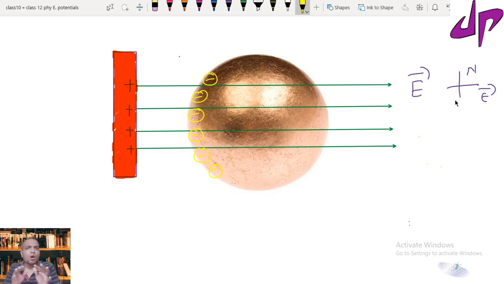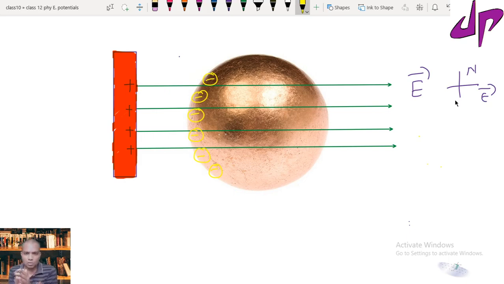It means over the entire surface, all the electrons want to move towards the positive charge. Now if electrons want to move, they only move within the conductor. The positive charge cannot move, since the positive charge is a nucleus. Only electrons will move, towards one side.